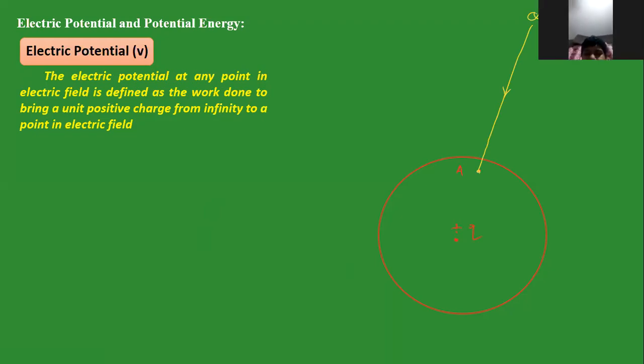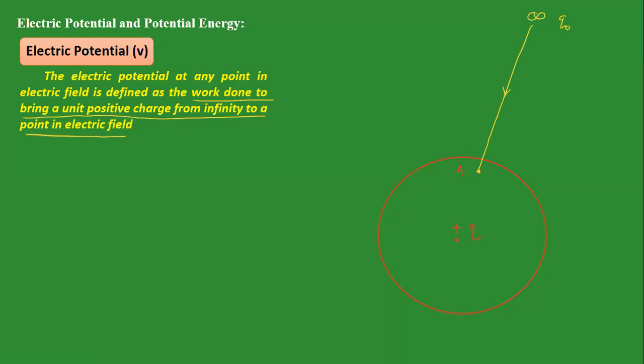And that work done is nothing but the electric potential. So the work done to bring a unit positive charge from infinity to a point in an electric field is the electric potential at this point. So if you bring a unit positive charge from infinity to point A, the work done in that case is called the electric potential.